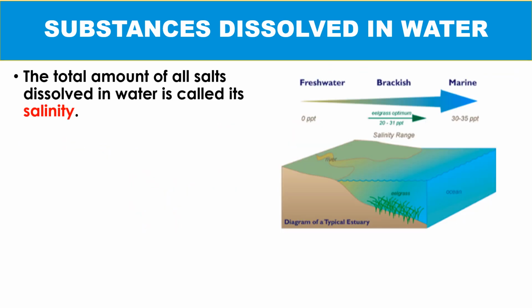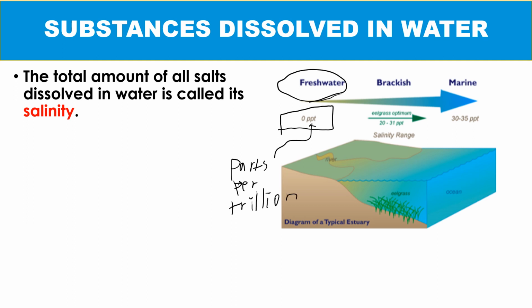So we define the level of water depending on what kind of salt is dissolved. Last time I mentioned something called ppm, parts per million, and ppt is parts per trillion, which is a fancy way of saying you have a certain amount of small solutes in a very large volume of solution.